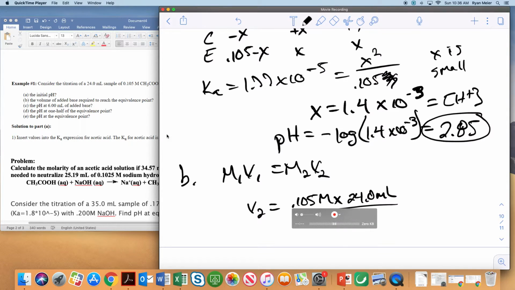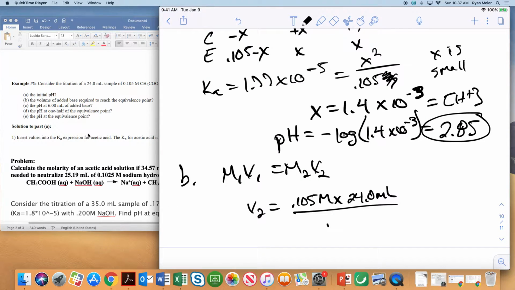And then the concentration for sodium hydroxide was 0.130. Now I can find the volume I'm going to need. So 0.105 times 24 divided by 0.130, and I get about 19.4. So 19.4 milliliters. That's the volume of the base that I'm going to need to get to the equivalence point.